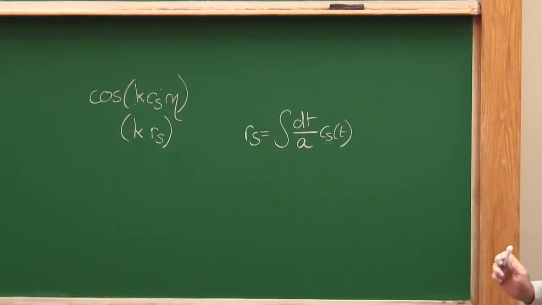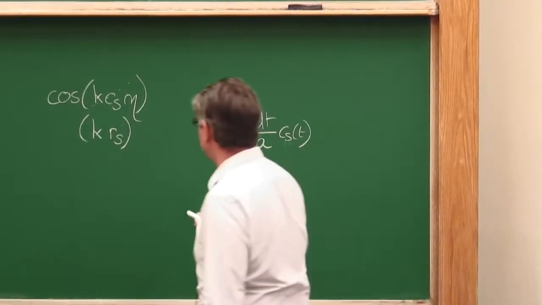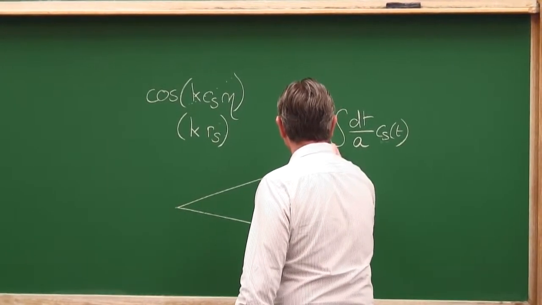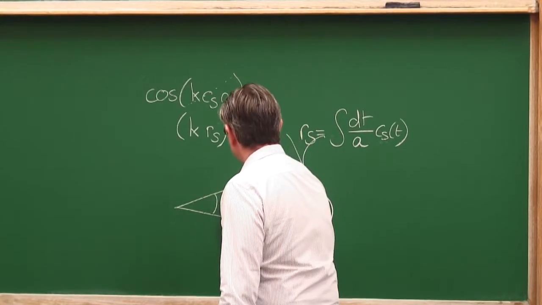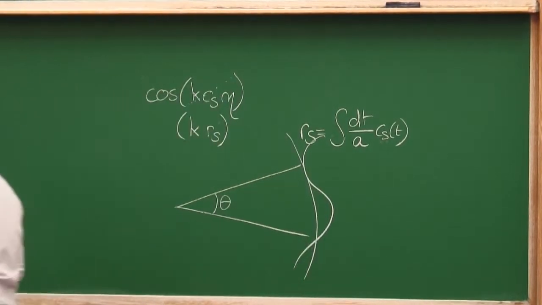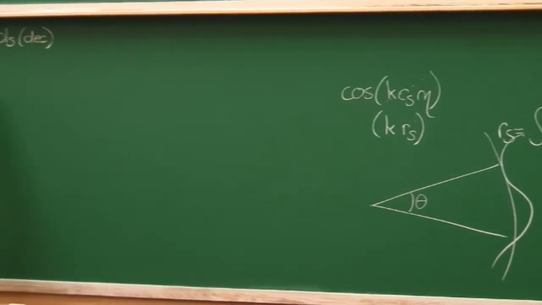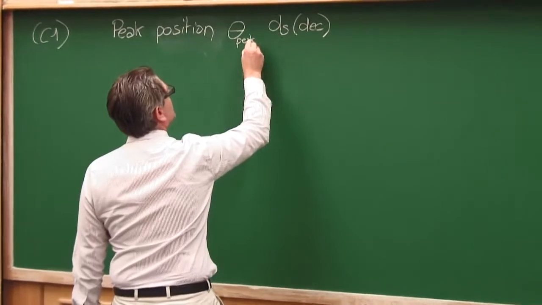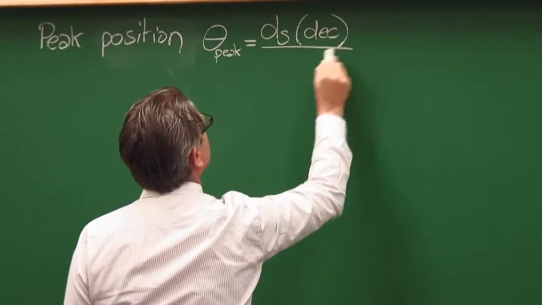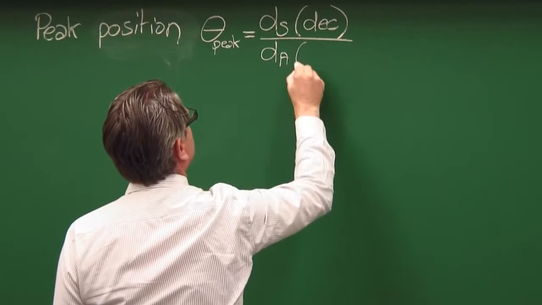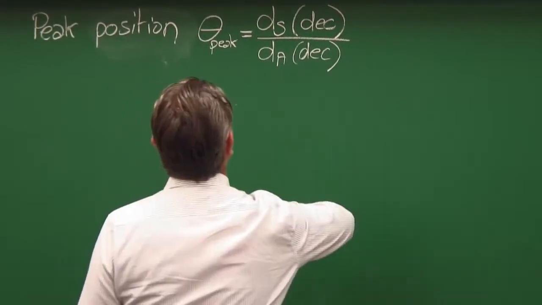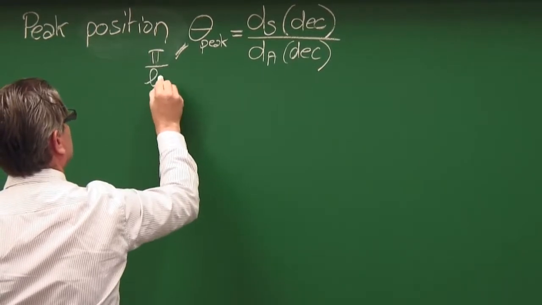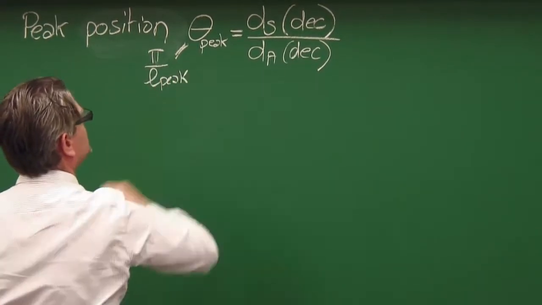But we don't see the peaks in Fourier space. We see them at a given multipole because we project Fourier modes on the last scattering surface to some angles. So in fact, what we see is the scale of the peak, theta peak, equal to the sound horizon at decoupling divided by the angular diameter distance to decoupling. And this is nothing but pi over L of the first peak.